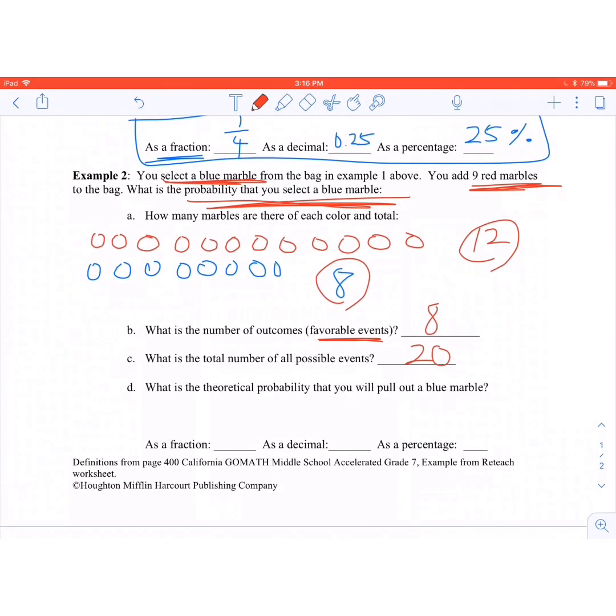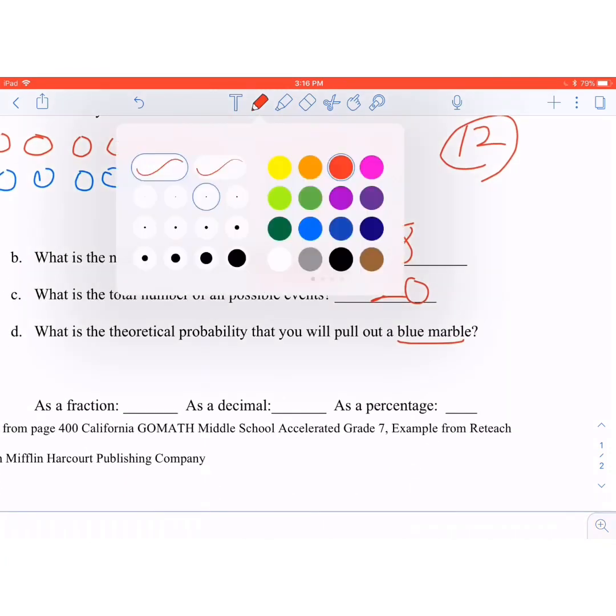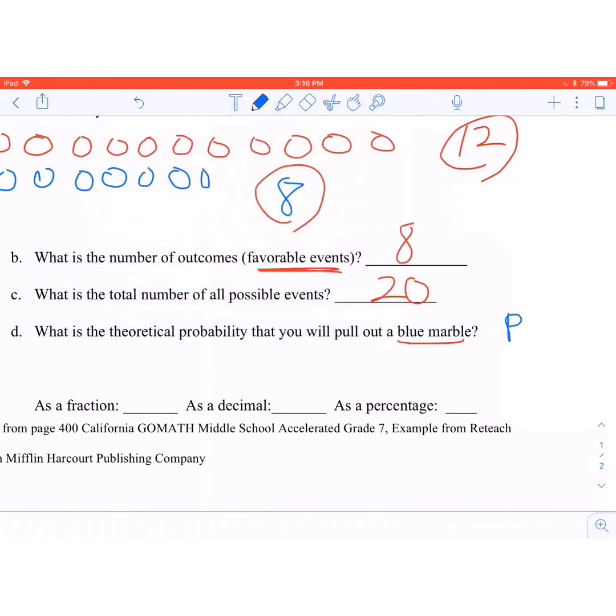So let's find the probability of selecting blue. So what is the probability of blue? Okay, so there are 8 marbles out of 20 total. So the chances are 8 out of 20. In fraction form, I would reduce the 8 out of 20 and it will become 2 out of 5 because 8 and 20 both can be divided by 4.